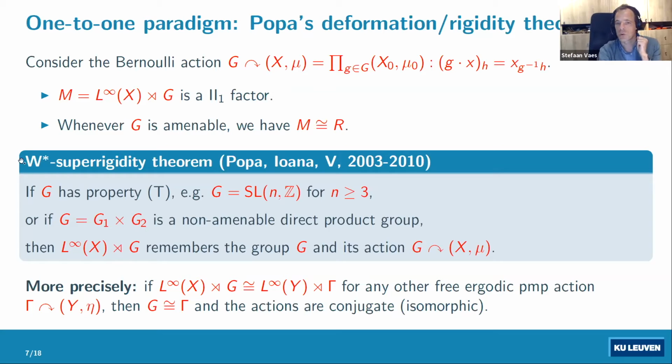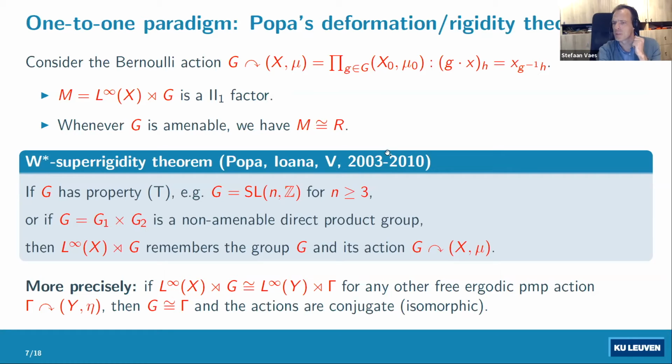So therefore, this is coined a W* super-rigidity theorem, where W* refers to W* algebra. I mean, this is a synonym for von Neumann algebra because of the weak star closed nature of von Neumann algebras. So this result, as I just stated this, for groups like SL_n(Z) is due to Adrian Ioana.